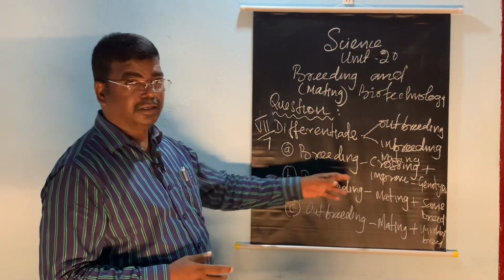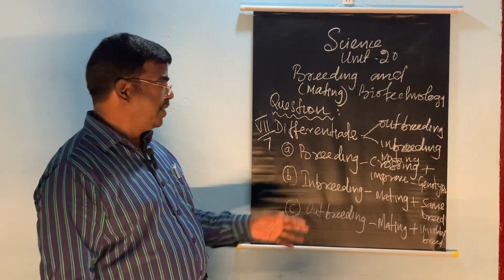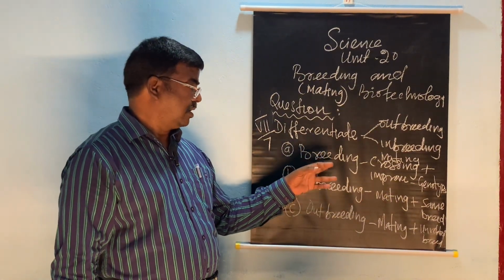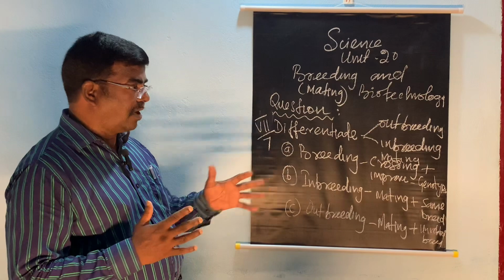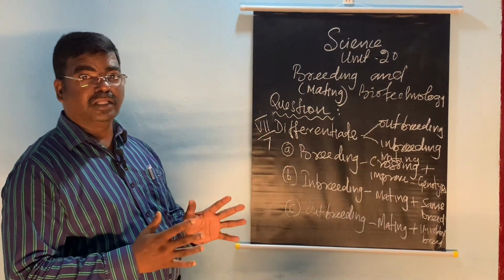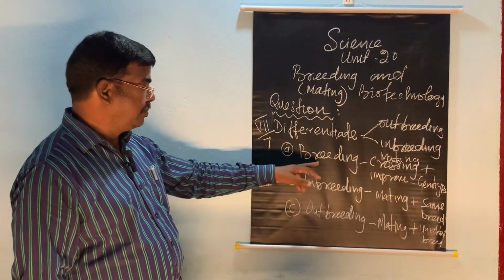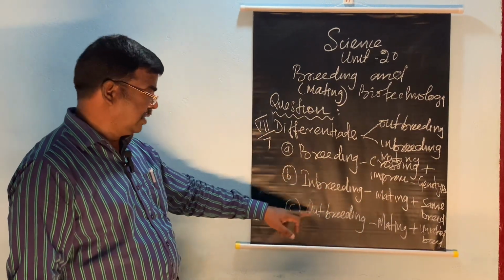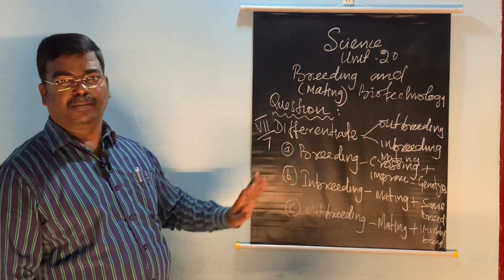That is breeding. Based on the way they are doing this breeding, it is mainly divided into two: one is inbreeding and another one is outbreeding.